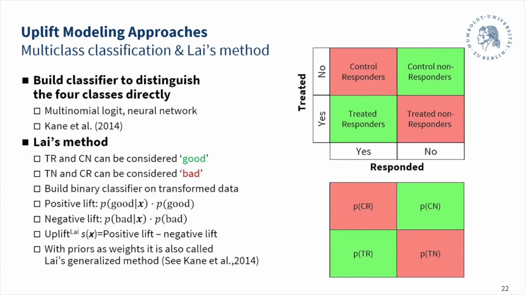And similarly, if somebody buys but was part of the control group, that's not good. That's counter evidence of my treatment being effective. And if somebody was treated but refused to buy, again, that's counter evidence of my treatment being effective. So these 2 groups are the bad guys.